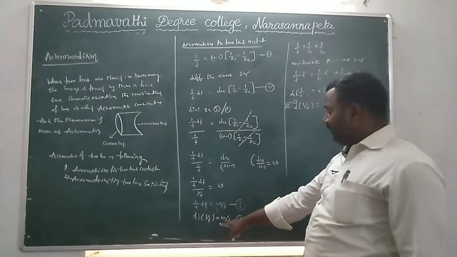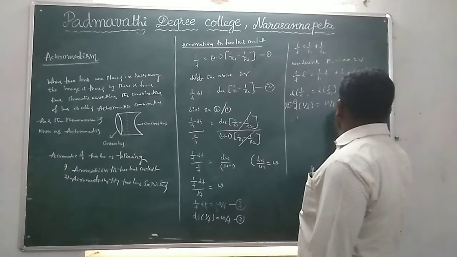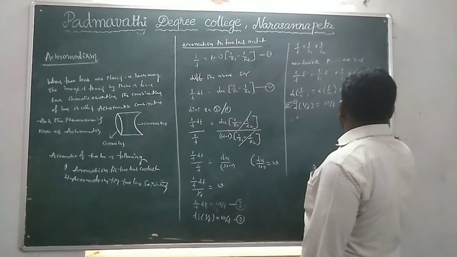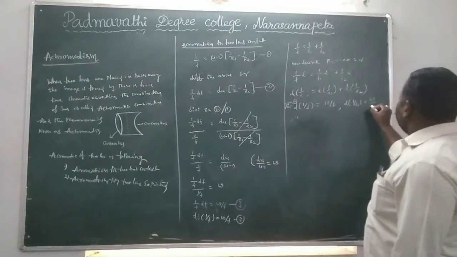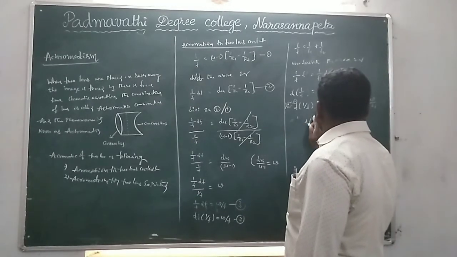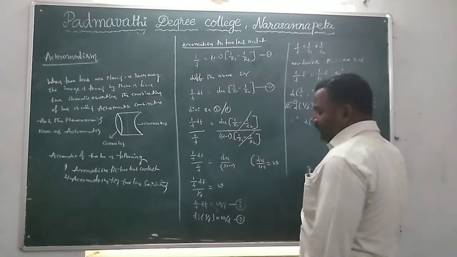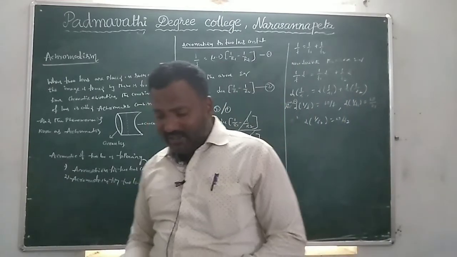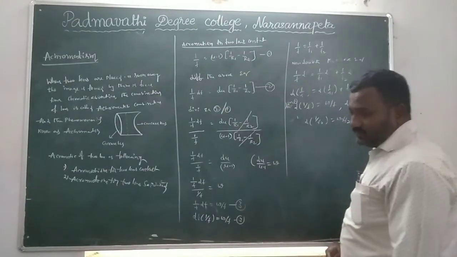Therefore d into 1/f1 = omega1 by f1, and d into 1/f2 = omega2 by f2. That is omega 1 and omega 2.